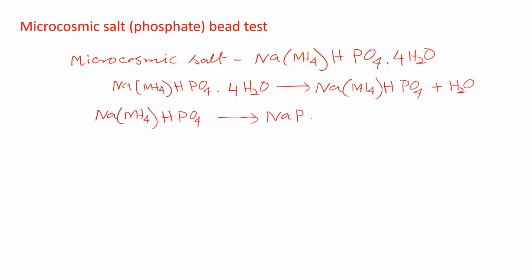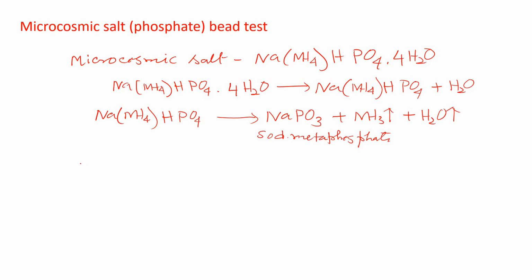So NaPO3 and plus this ammonia gas is evolved and water vapor is evolved. Right? So this is nothing but your sodium metaphosphate. Sodium metaphosphate, right? Now what happened? This sodium metaphosphate can dissolve some of the metal oxides and form the orthophosphate.